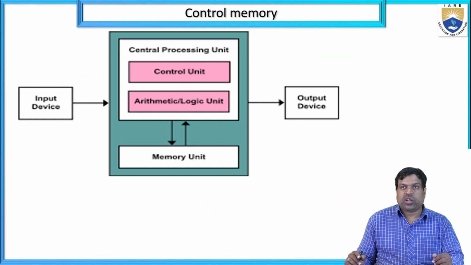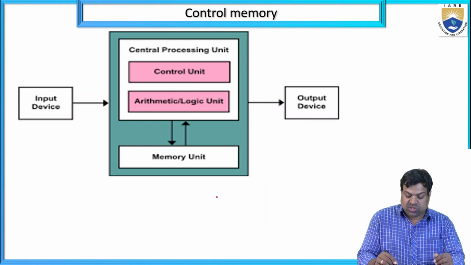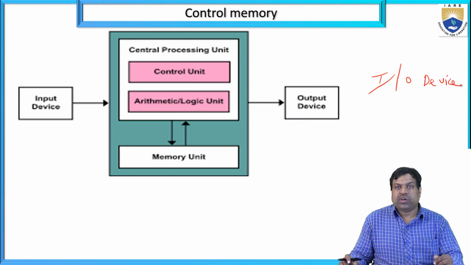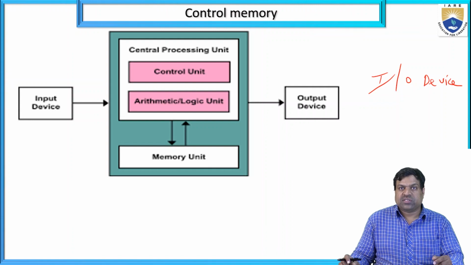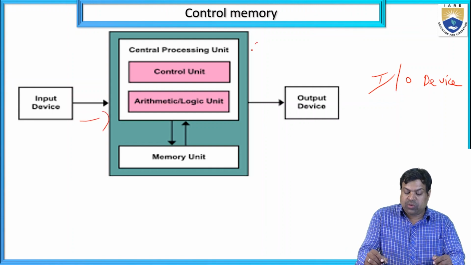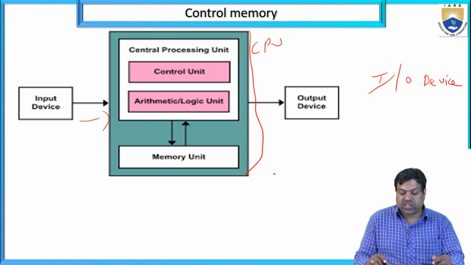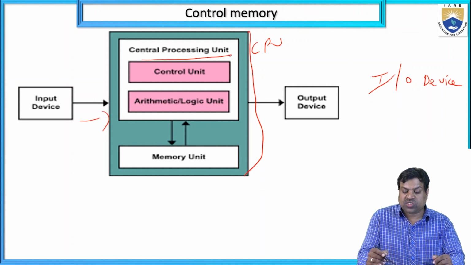This is a block diagram of control memory. First, the input device and output device. We already discussed the input-output I/O device. Between the input and output device, the input is connected to the CPU. CPU means central processing unit.